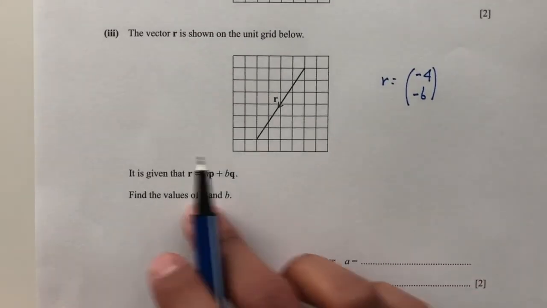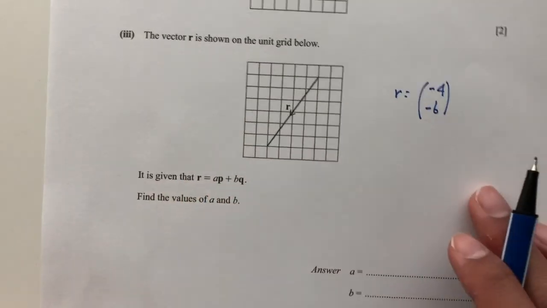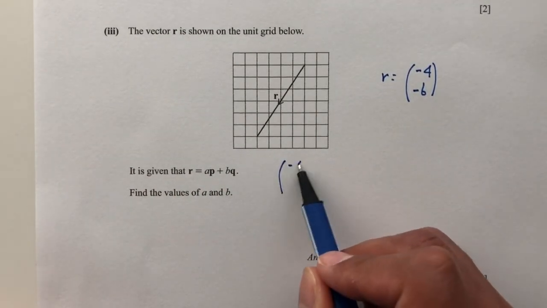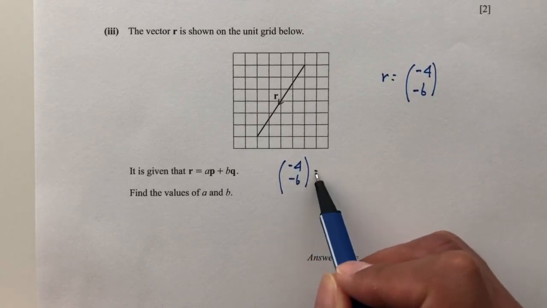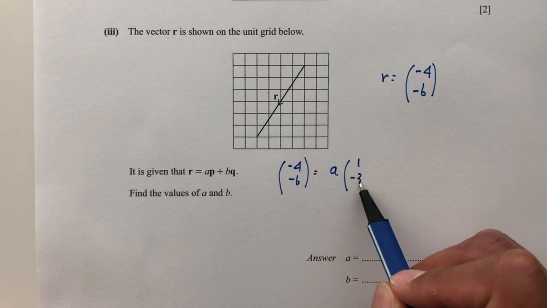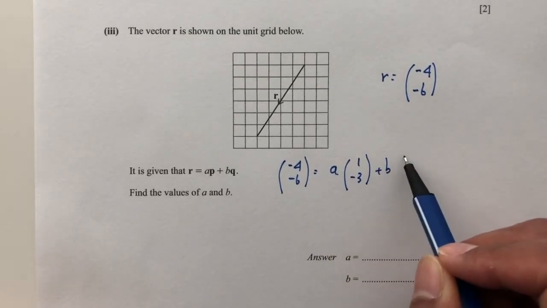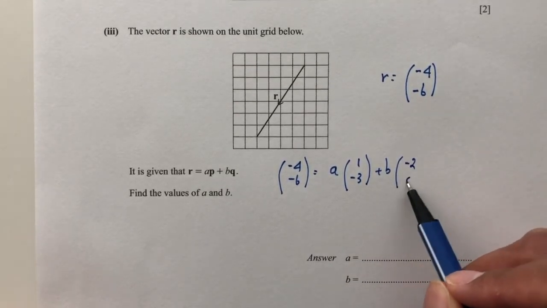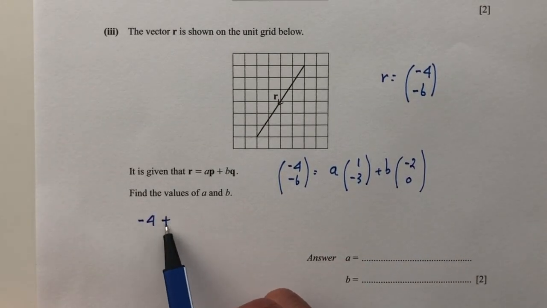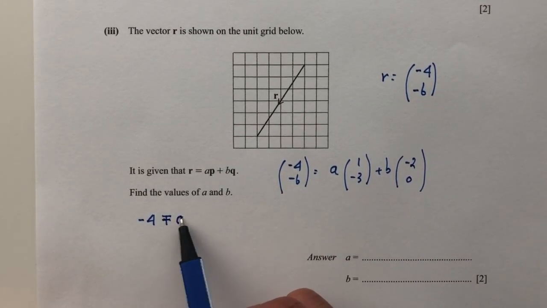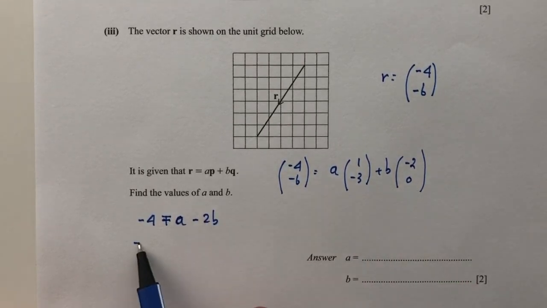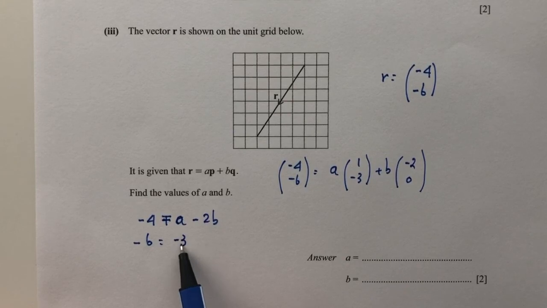Now you have to find the value of A and B such that it fulfills this equation. So what is the equation again? It is R, which is (-4, -6), equal to A times P, which is (1, -3), plus B times Q, which is (-2, 0). If you expand this, you will have -4 equal to A minus 2B, and -6 equal to -3A.